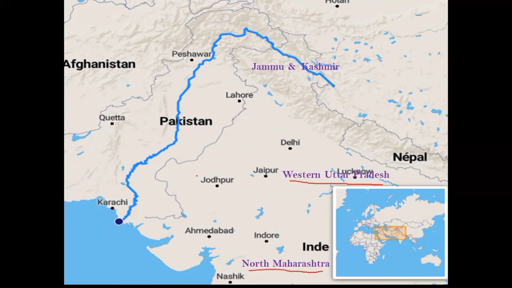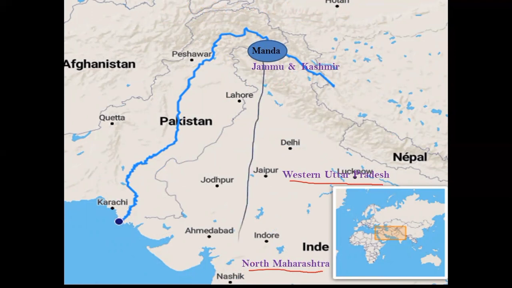Let's try to understand better the geographical extent of this Indus Valley civilization, and I believe this will be the last topic for today. If you look here in the northern part, in the state of Jammu and Kashmir, we have a place called Manda, which is the northernmost extent of this Indus Valley civilization.